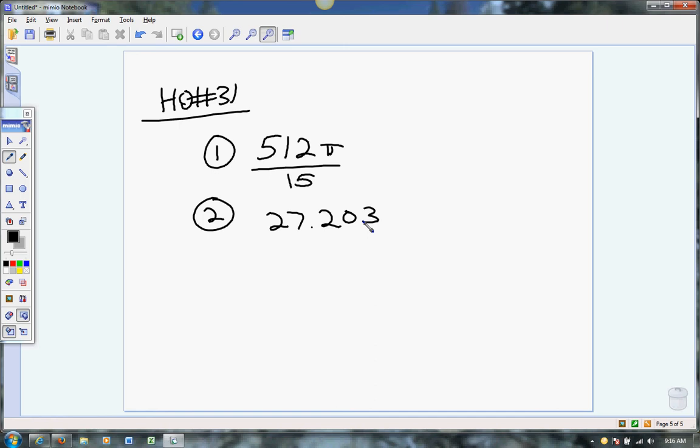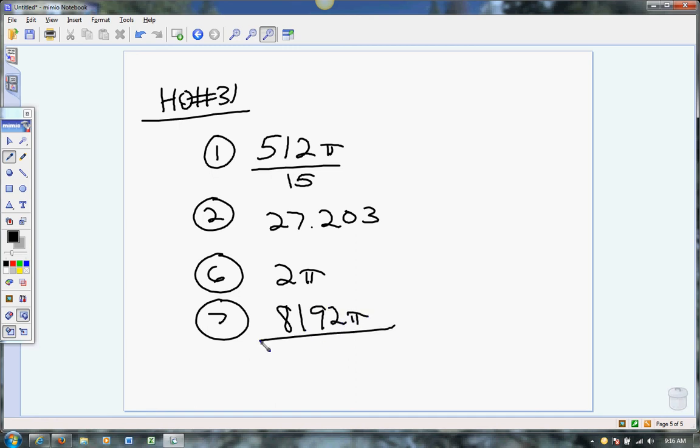I already gave you the answer to number 4. Let me skip ahead to maybe number 6. The answer was 2 pi. The answer to number 7 was ugly, 8,192 pi over 15. And I'll give you number 10. Number 10 was 12 pi. And I hope that helps as you work on handout number 31.